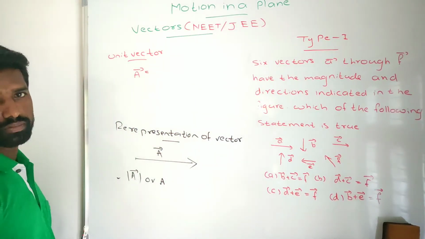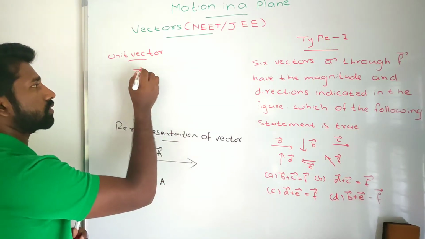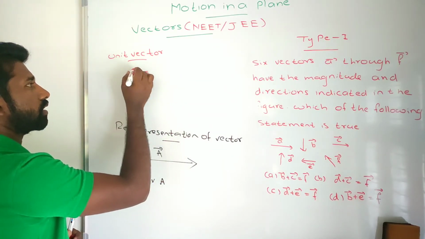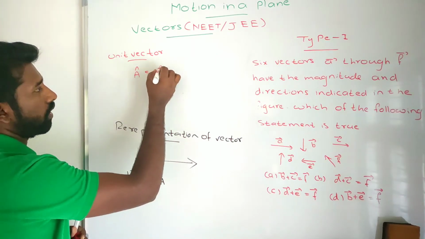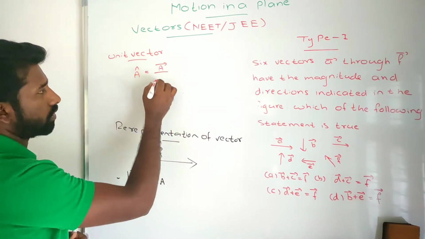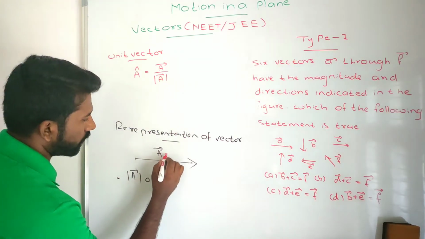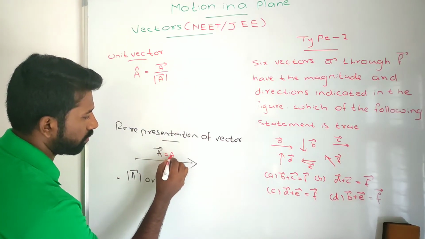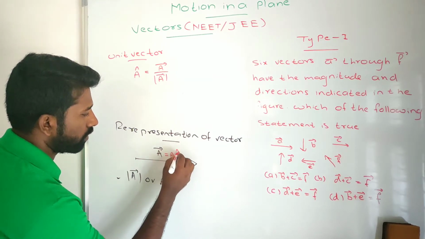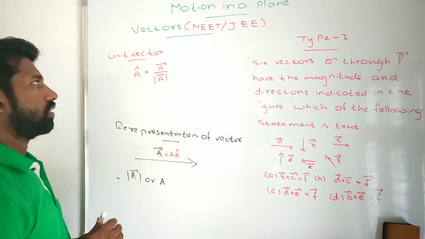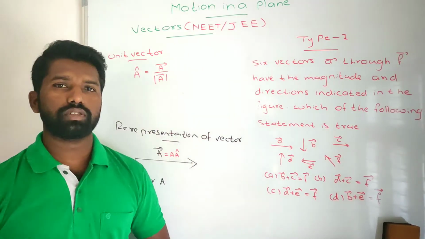If A is a vector, how can you find out the unit vector? We write its unit vector like this, A cap, and we can find it by A vector divided by its modulus. So this A vector I can write as the modulus of A vector into its unit vector. Okay, this is about the unit vector.